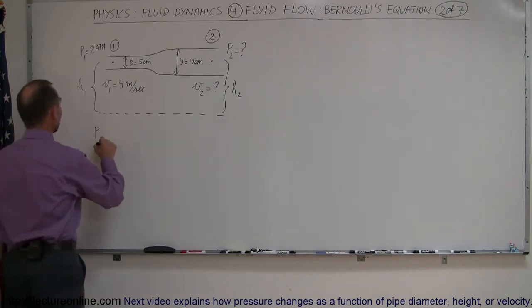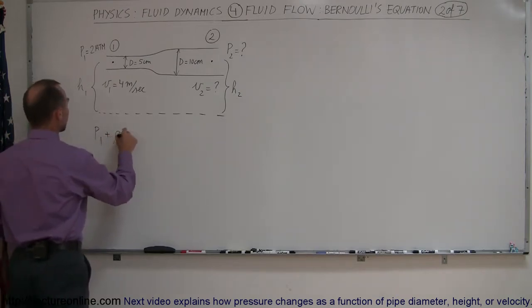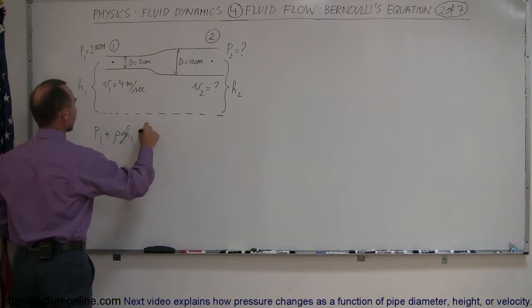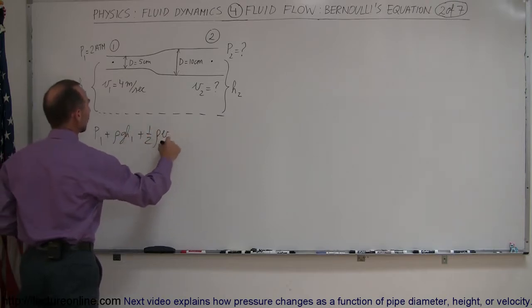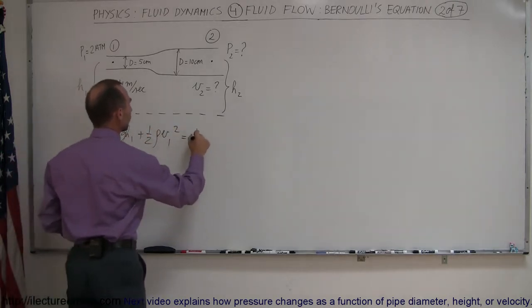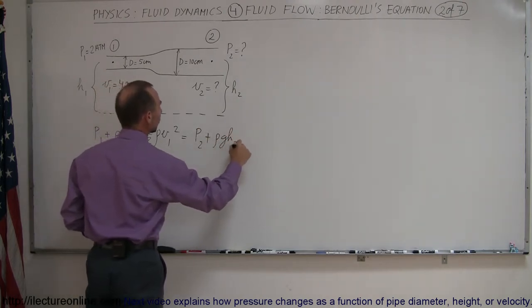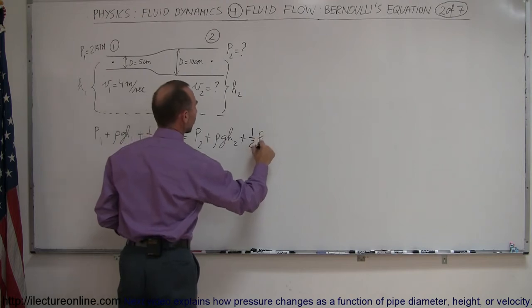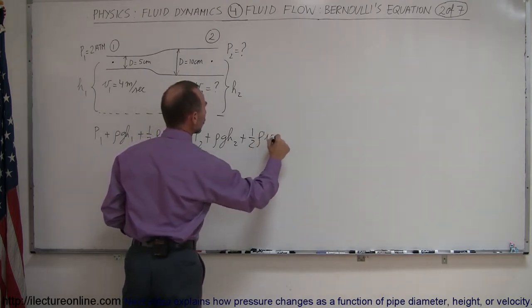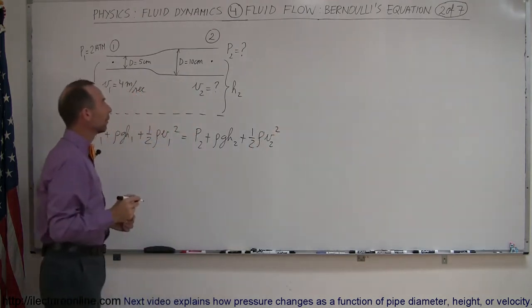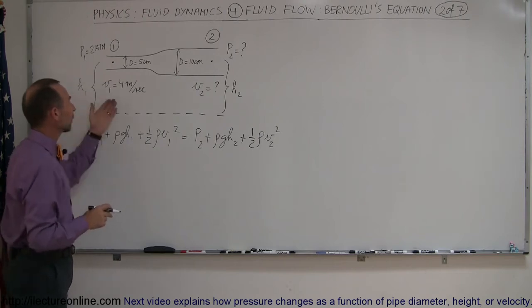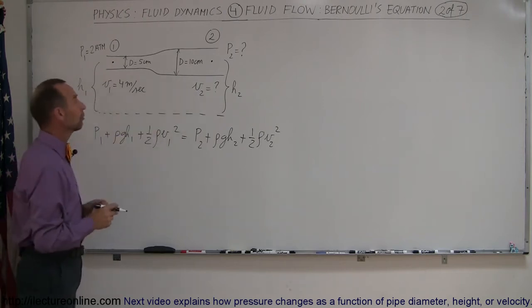So we have P at 1, that's pressure at 1, plus rho g h at 1, plus 1/2 rho V1 squared, is equal to the pressure at point 2 plus rho g h at point 2 plus 1/2 rho V2 squared. Well, the first thing we need to do is figure out what the velocity is at point 2.